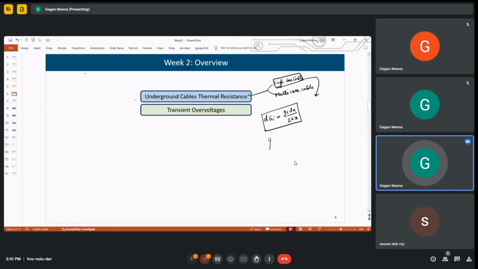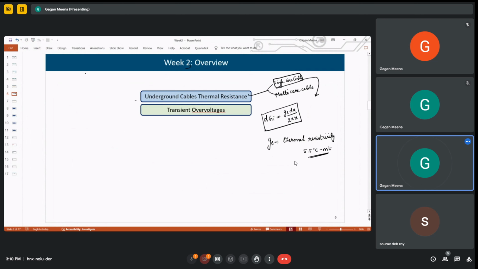So here GL is the thermal resistivity, similar to the electrical resistivity, and it is equal to 5.5 degree centigrade meter for most of the high voltage cables.